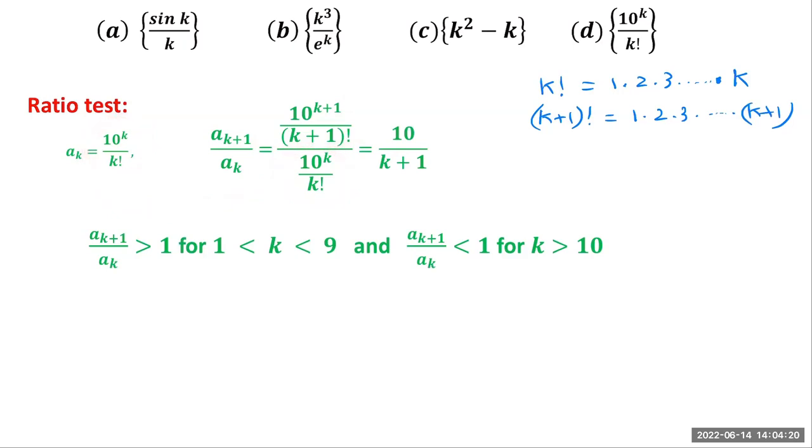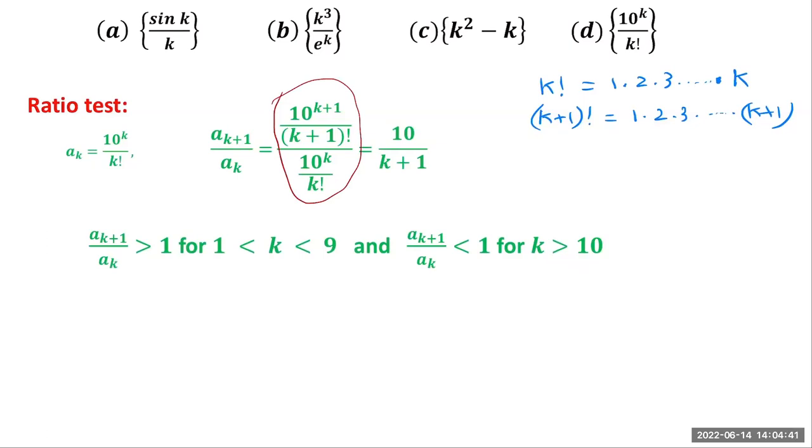Now you need to simplify this using the reciprocal rule. By the reciprocal rule, I'll show you a little bit of simplification.